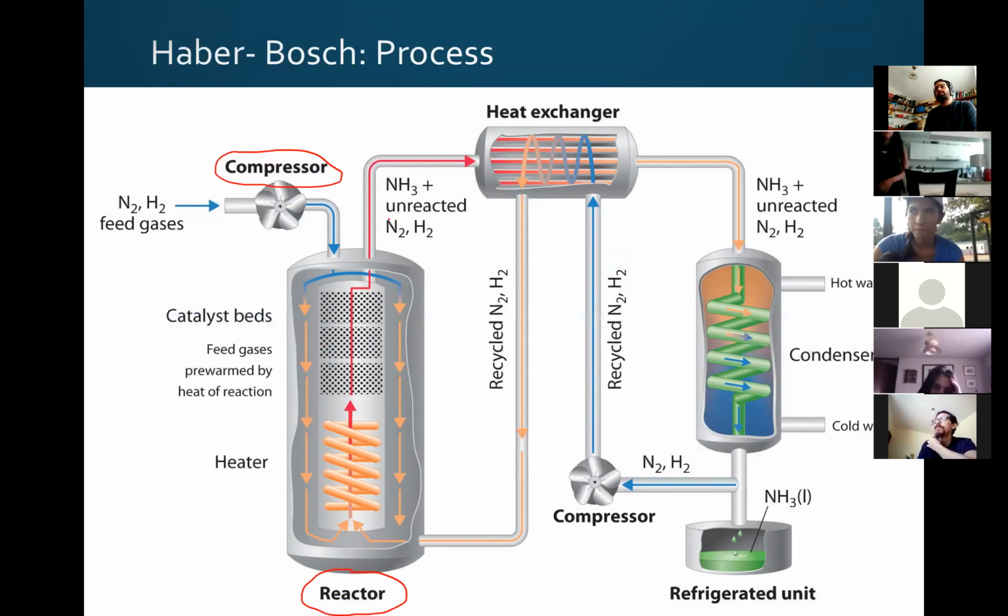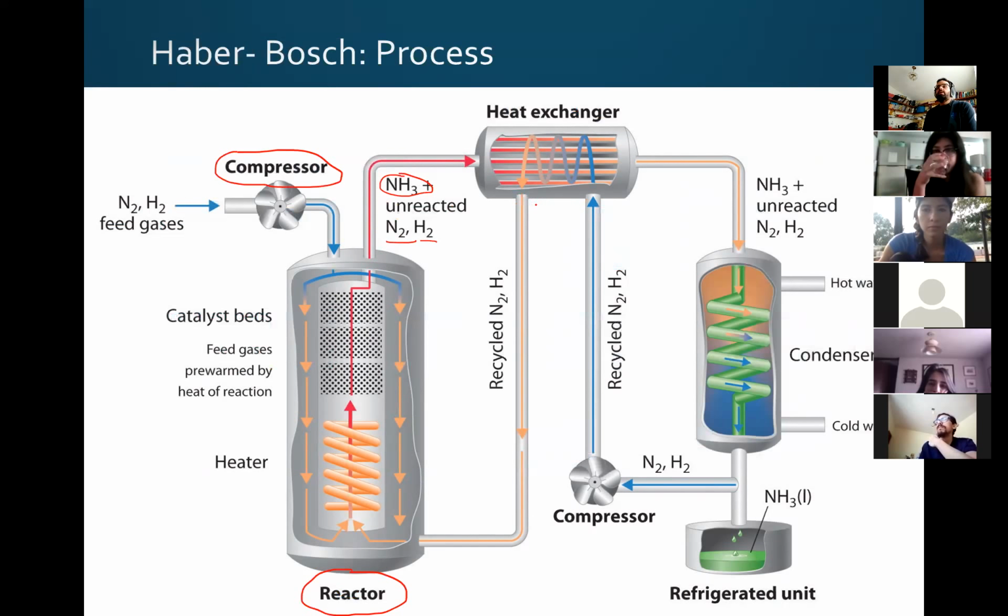Those gases go into a reactor that has a catalyst bed that raises the speed of the reaction. They react and form the product, NH3, and a lot of unreacted nitrogen and hydrogen gases.